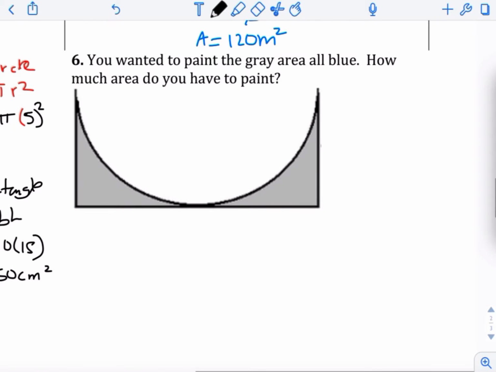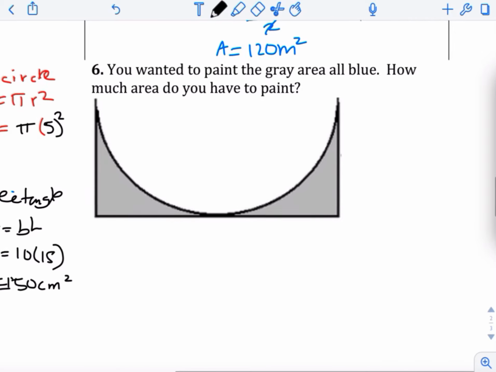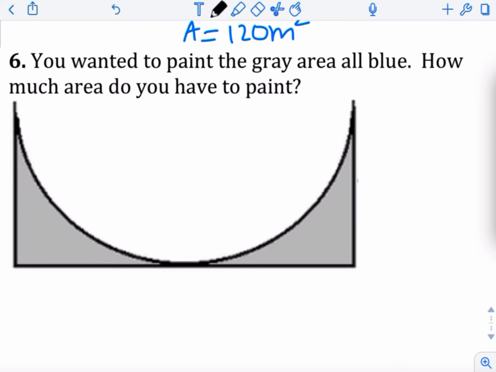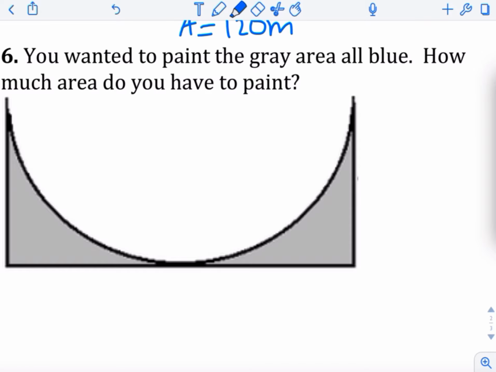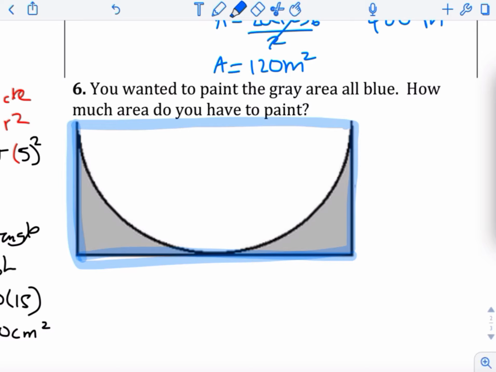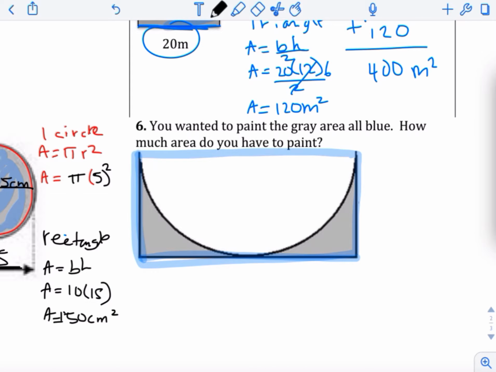Here you want to paint the gray area all blue. How much do you have to paint? Okay, I don't know what I put here, you guys. I didn't put down the measurement. So whatever this is, it's a rectangular shape in all. I don't know if you see that, but if I connect this top, it's like that.